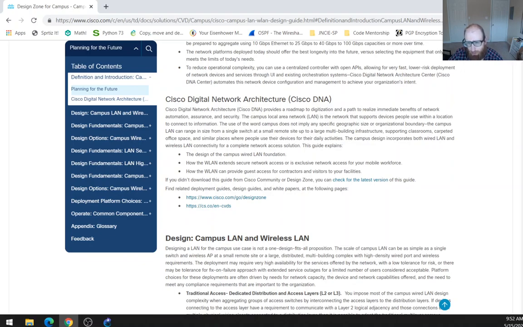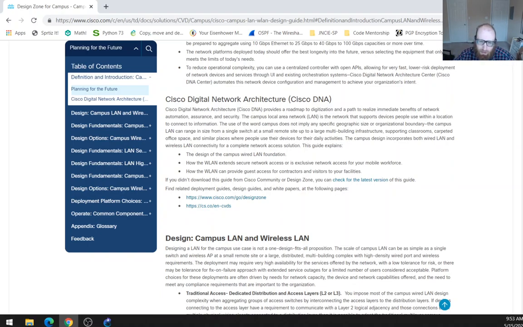The use of the word campus does not imply any specific geographic size or organizational boundary. The campus LAN can range in size from a single switch at a remote site up to a large multi-building infrastructure supporting classrooms, carpeted office space, and similar places where people use their devices for their daily activities. The campus design incorporates both wired LAN and wireless LAN connectivity for a complete network access solution.